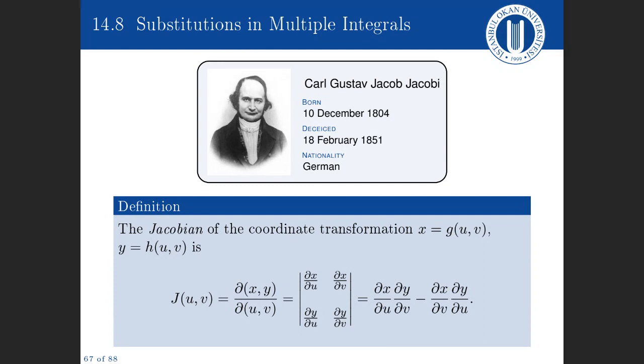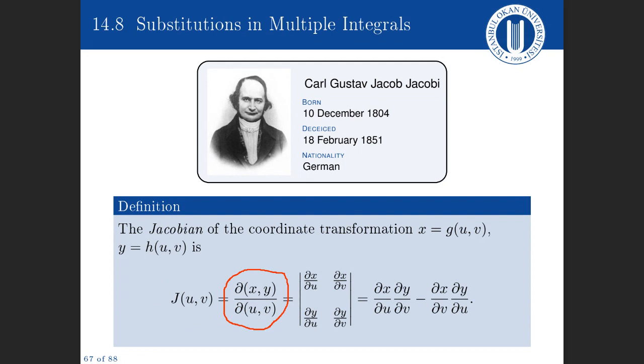We could either use J for Jacobian, or we can write curly d(x,y) divided by curly d(u,v). I'm going to be using the second one because for me it's easier to remember which variables go on the top and which variables go on the bottom.